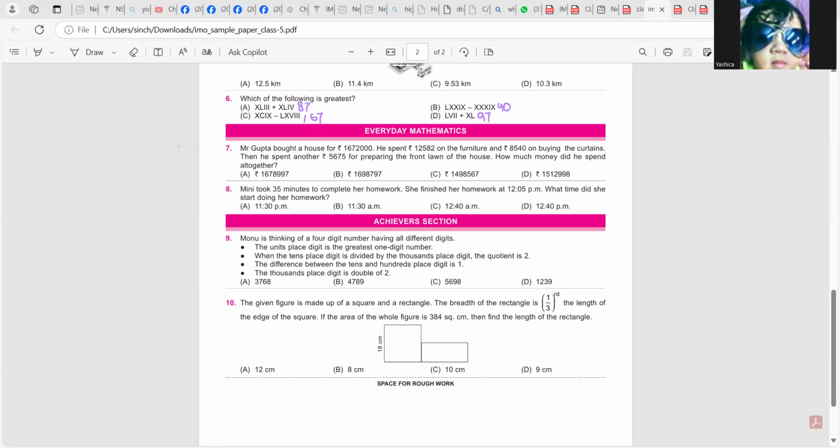It is said, which of the following is the greatest one? Yes, and option C is correct because 167 is the greatest. Very good. Now do number 7.